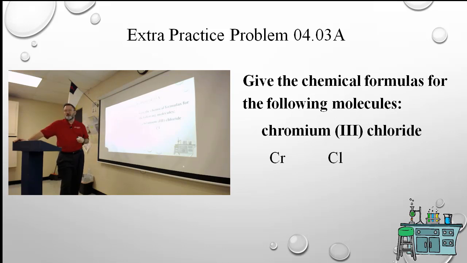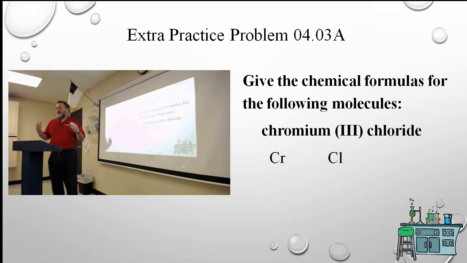So what does chromium become ionically? Cr positive 3. We know it's positive because it's a metal, but how do we know it's 3? We can't get that number from the periodic table because it's in a B column, right? Chromium's a transition element.